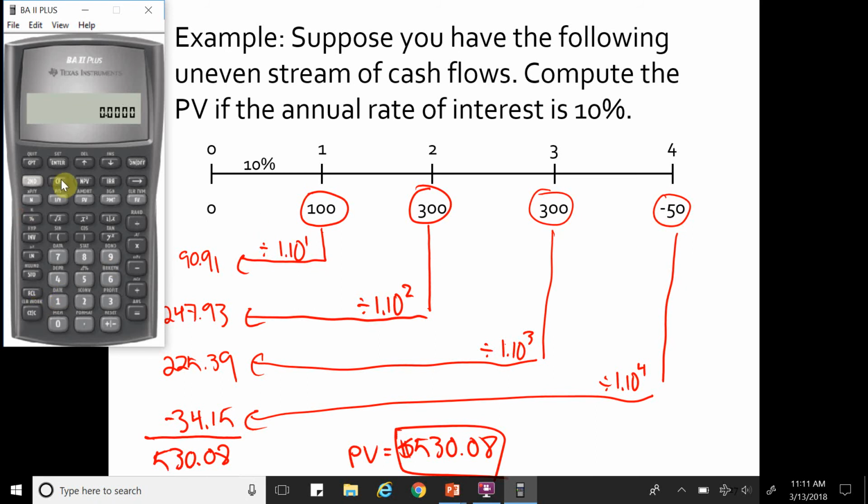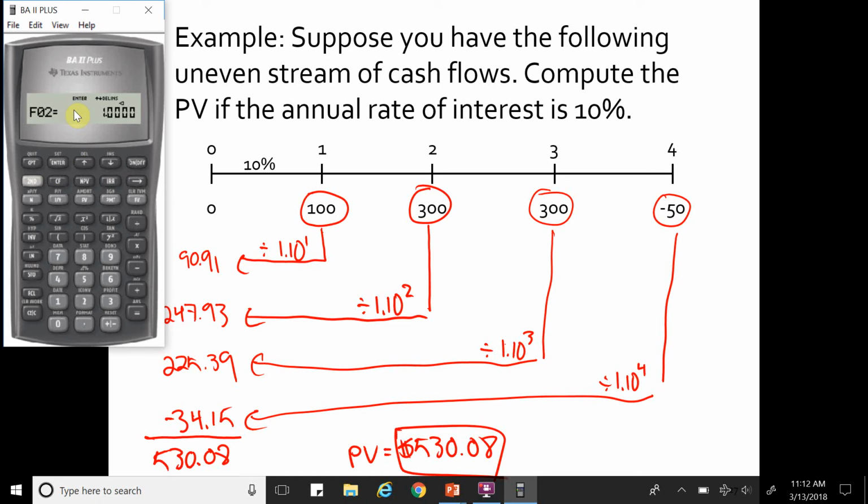Now the alternative way that we could type those cash flows into our cash flow worksheet, I'm going to clear out the old cash flows and start off with new ones. The alternative way that we could type this in is just to type in all of the numbers directly, CF0 being 0, C01 being 100, leave the F01 at 1, C02 is 300.